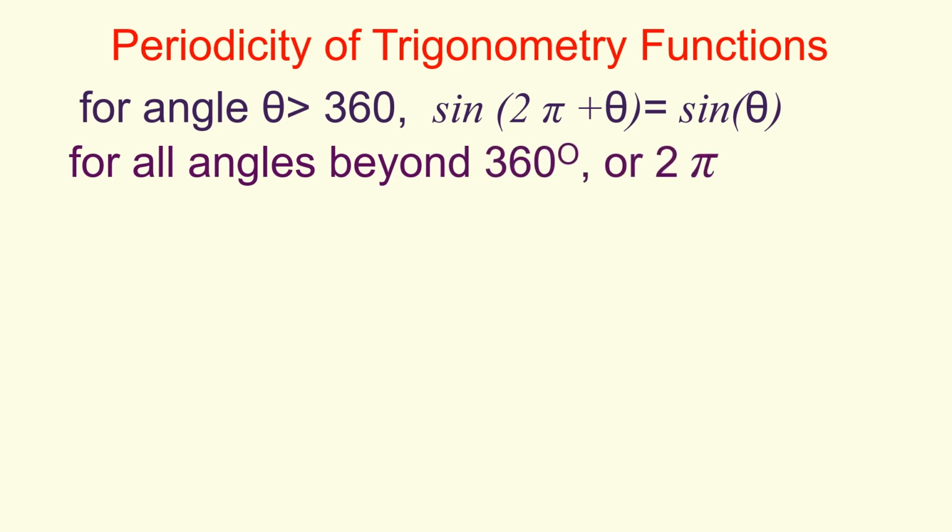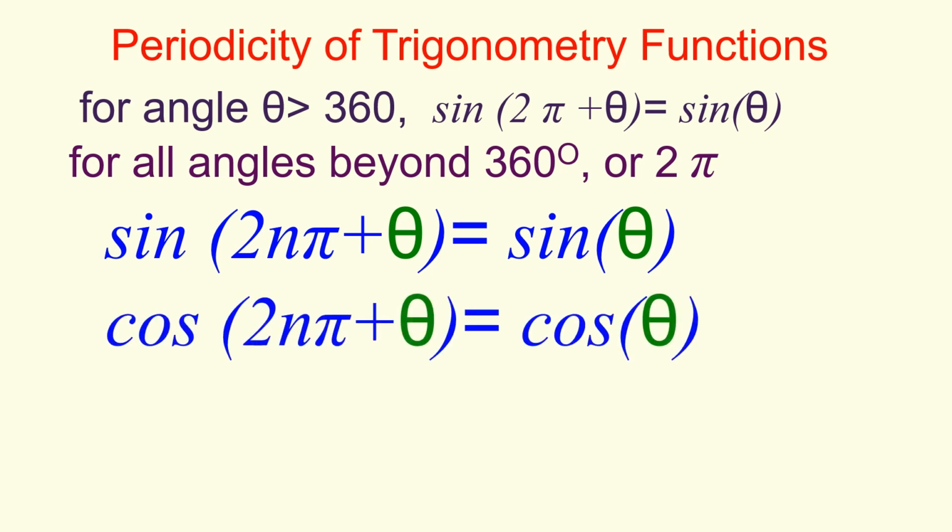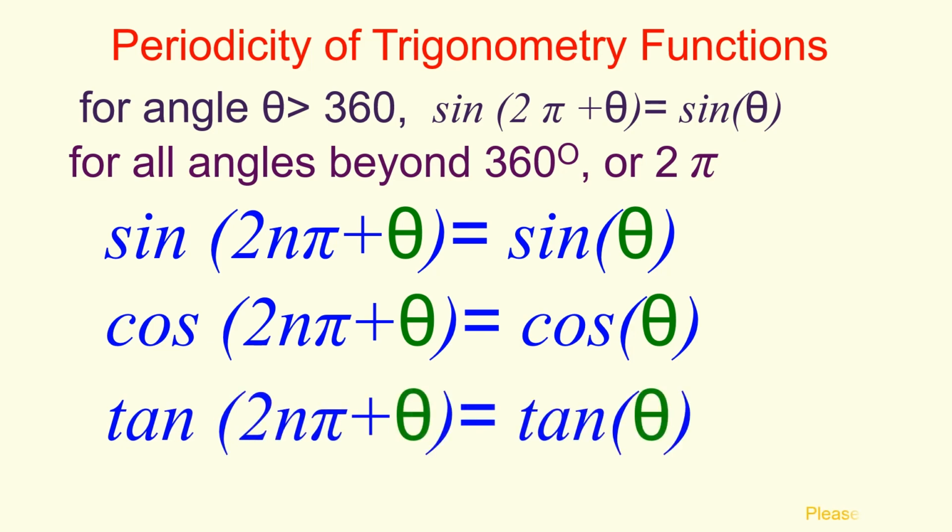Finally, we can say sine 2 n pi plus theta equals sine theta, cosine 2 n pi plus theta equals cosine theta, tan 2 n pi plus theta equals tan theta.